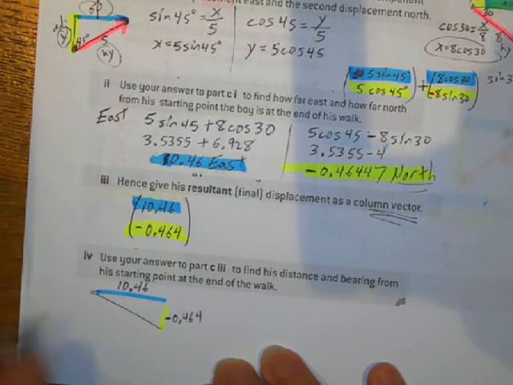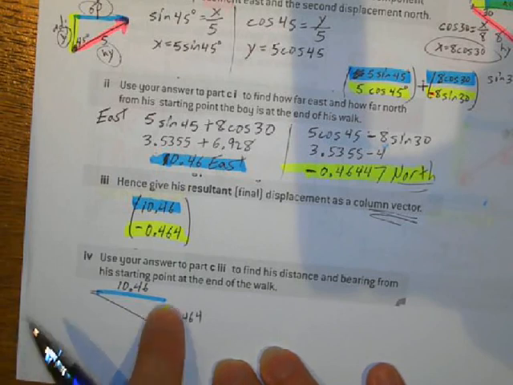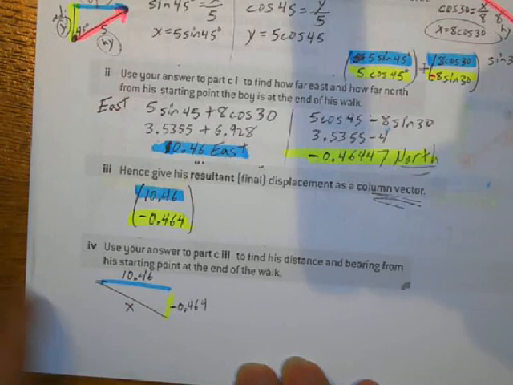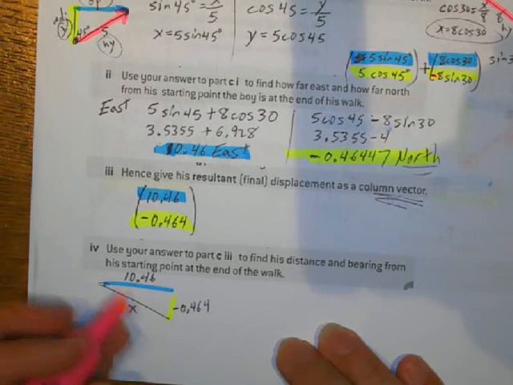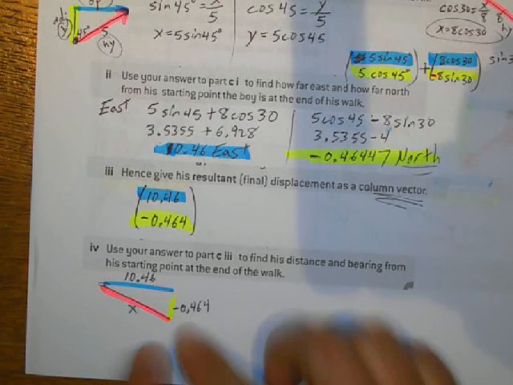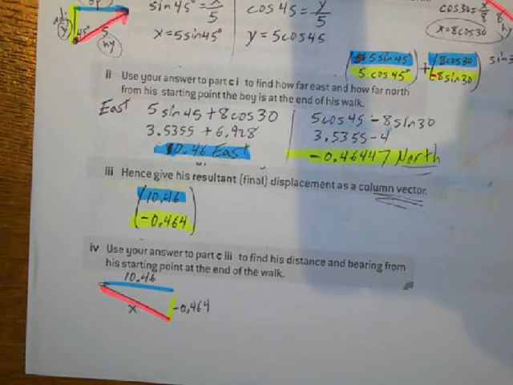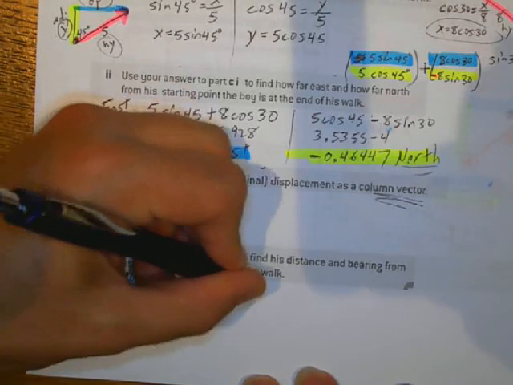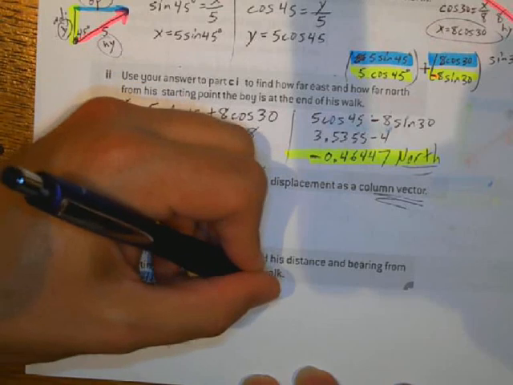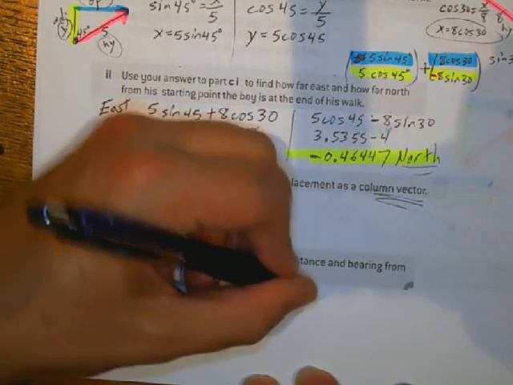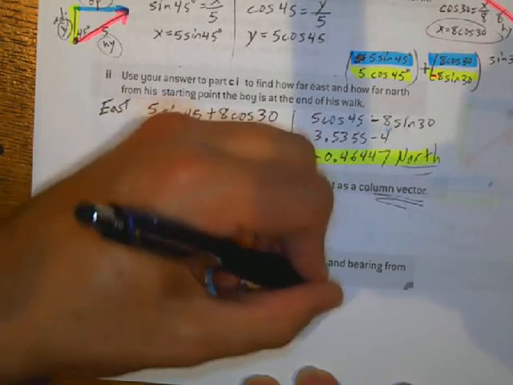Okay, this is a long distance. This is kind of small, right? So we're going to find the hypotenuse, and this is going to be very close to the same length as there because this distance is so tiny. So using Pythagorean theorem, I'm going to say 10.46 squared plus negative 0.464 squared equals x squared.